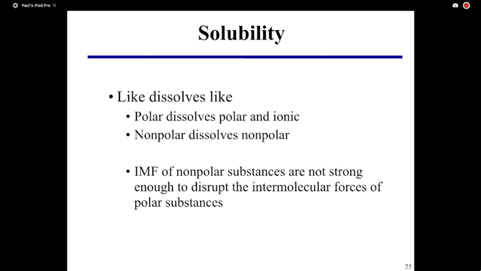And so the intermolecular forces of non-polar substances cannot overcome the polar molecules like a salt, because the non-polar just doesn't have enough energy to make a strong interaction. It would rather be placed together with positive charges.